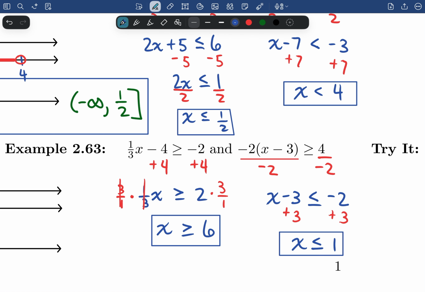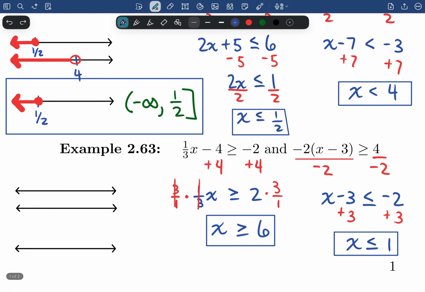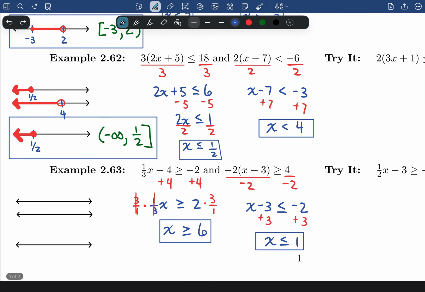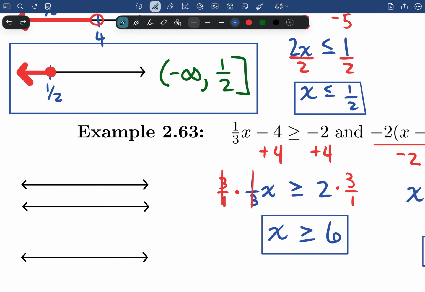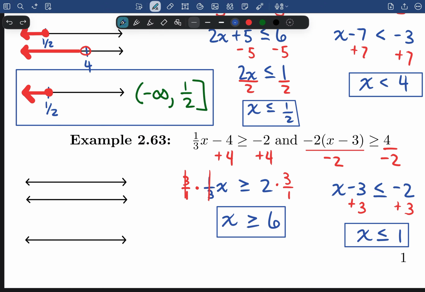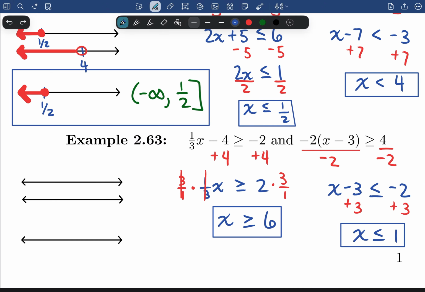Now I had the word and between these two inequalities. So I'm thinking of the solution that is a solution to both of the inequalities in question. But let's graph both those inequalities separately so we can see what their overlap would be. So I take the smaller value and I put it on the left and the larger value on the right.